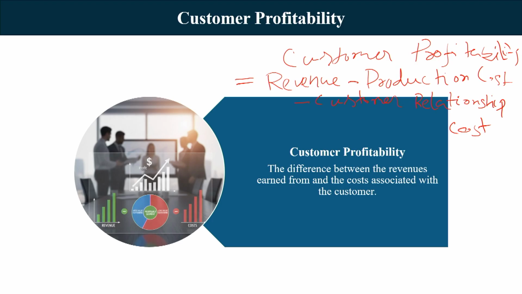So, as you can see in this formula, it is the difference between the revenues from the customer and the cost associated with the customer relationship during a specific period of time. Remember that as it is an indirect cost, we always concentrate on the period of time, right.